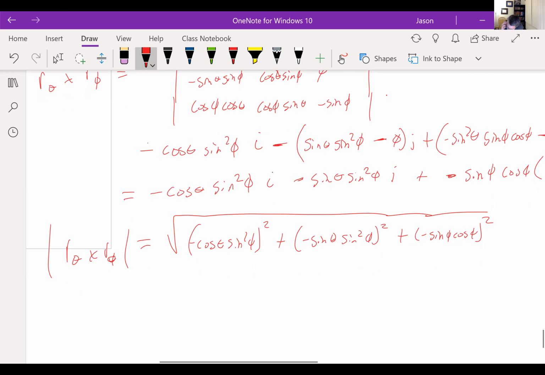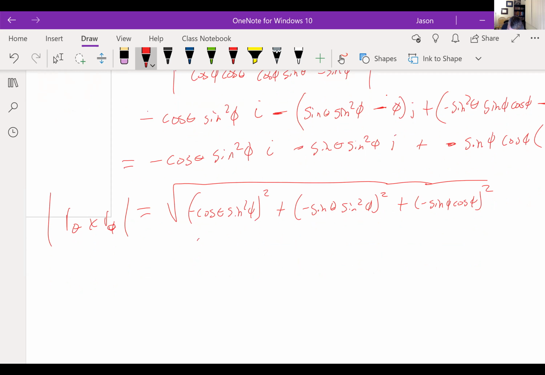So this becomes cosine squared theta sine to the fourth phi plus sine squared theta sine to the fourth phi plus sine squared phi cosine squared phi.